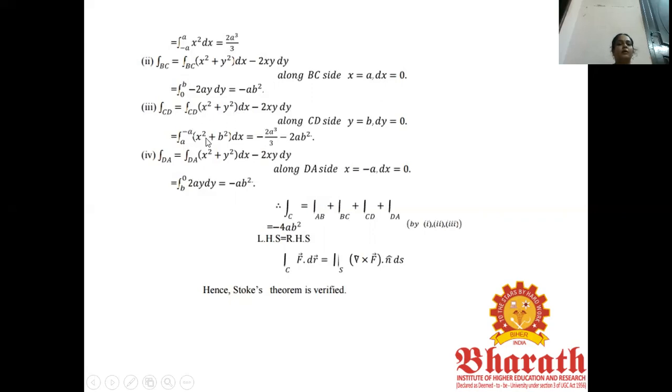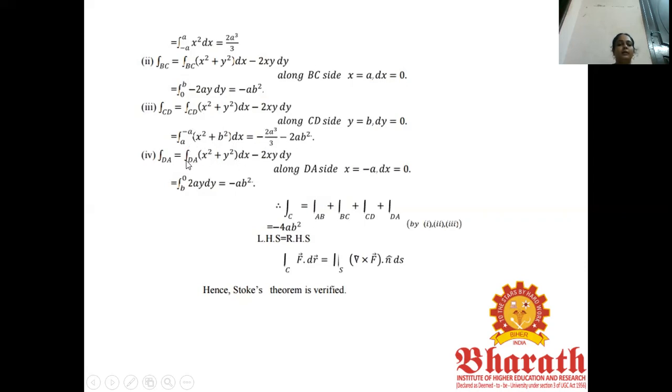So I get x square plus b square dx. Integrating with respect to x, it becomes x cube by 3 plus b square x. The upper limit is minus a, the lower limit is a. After substituting the limits, we got minus 2a cube by 3 minus 2ab square.